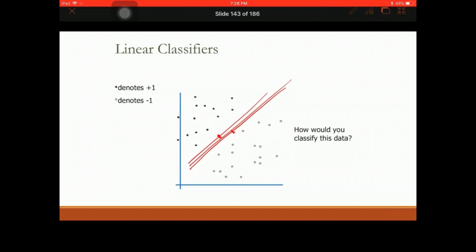It means you want to fit a line in the middle space between these two points. If you get that line, these points are called support vectors. Why support vectors? Because they're supporting the line from both sides.